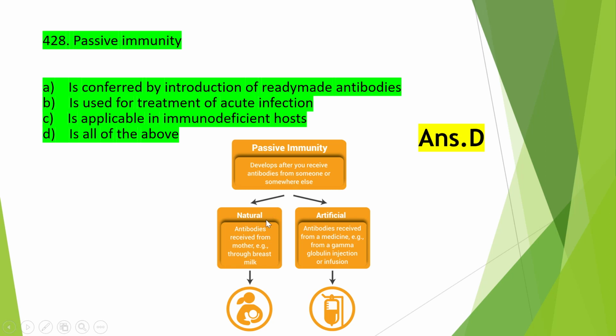Passive immunity is also natural or artificial. Natural passive immunity is antibodies received from mother, that means through breast milk. We get it from outside but from the mother, so that is natural passive immunity. And artificial passive immunity is antibodies received from a medicine, for example from a gamma globulin injection or infusion. So these are the two types of passive immunity.